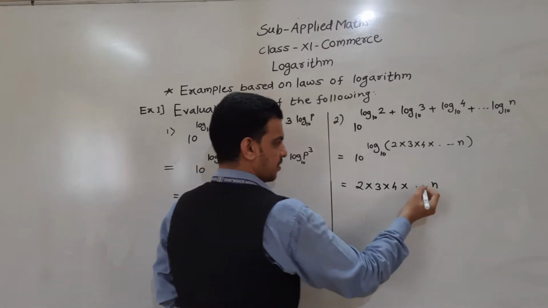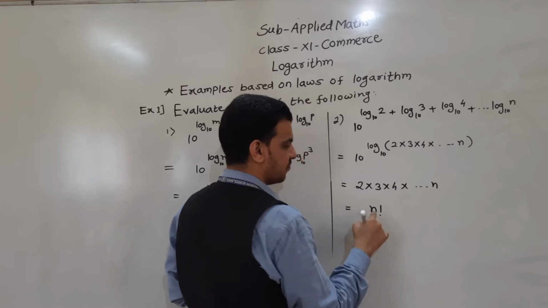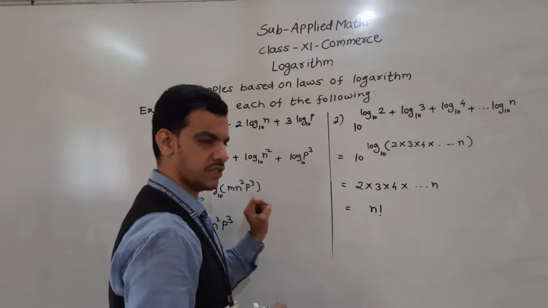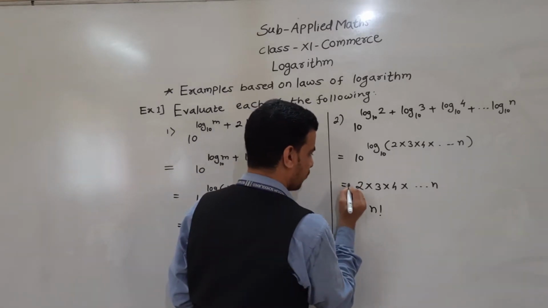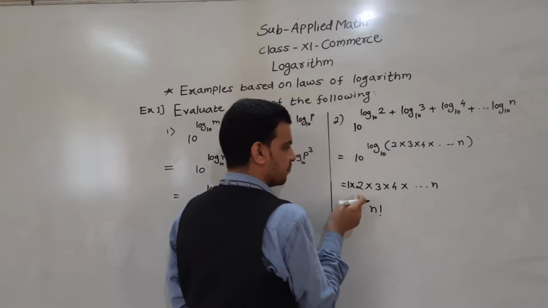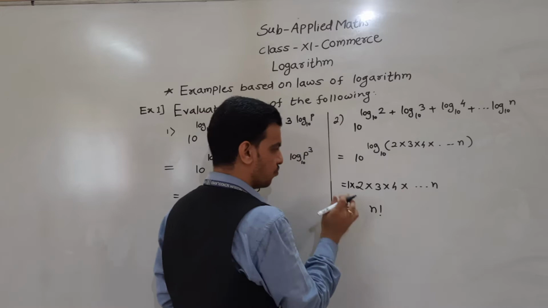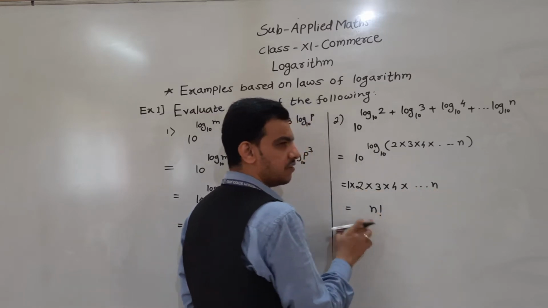Okay, so this we can write as n factorial. N factorial means product of first n natural numbers. Here we can add 1 also, because if we multiply by 1 there is no change in the product. So 1 into 2 into 3 up to n, we can write as n factorial.